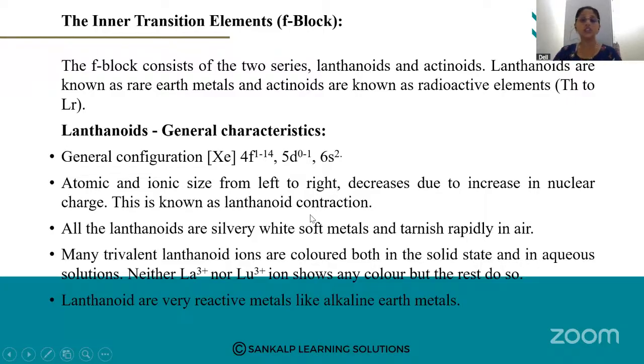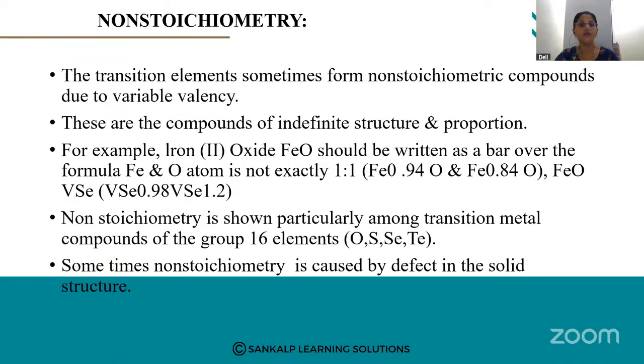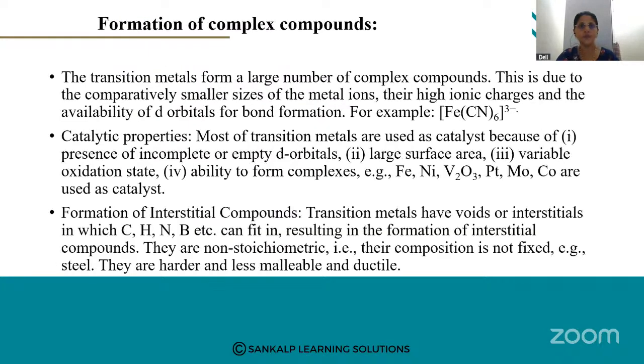Yes, so this is all about d block elements. Next we have f block elements, which are called inner transition elements, which we will be taking up in the next session. Before that, let us see all the properties which we have confronted here.